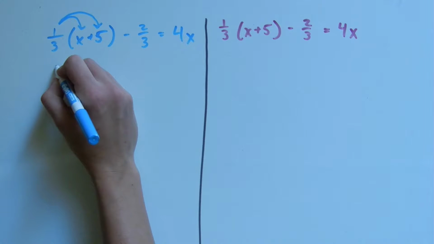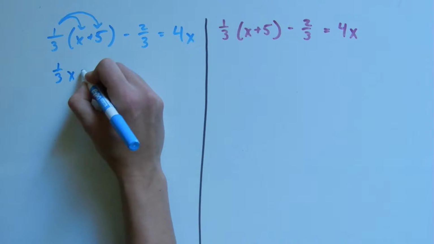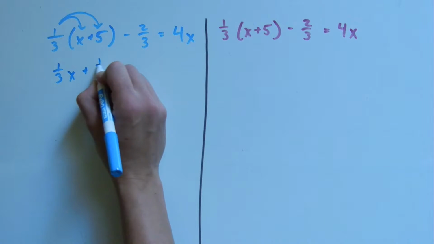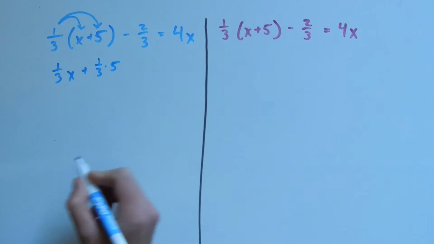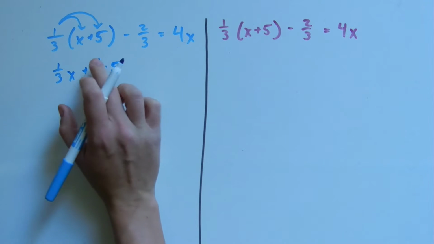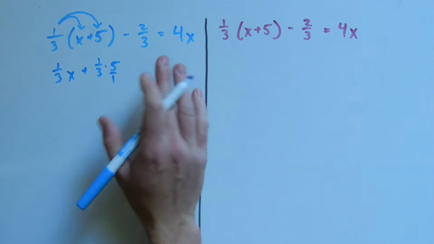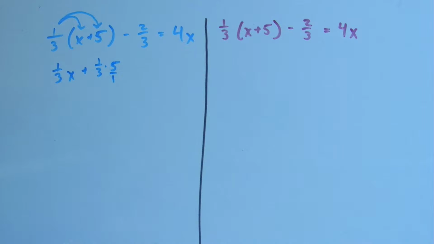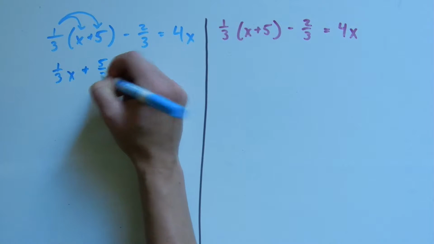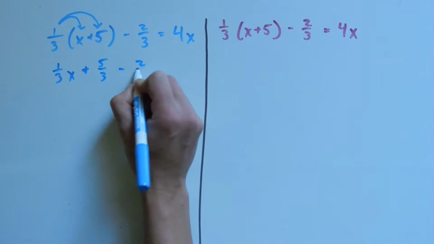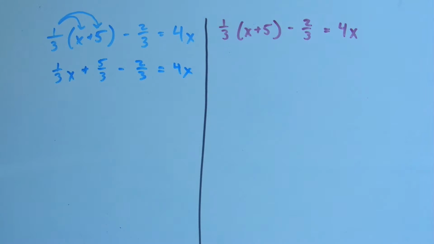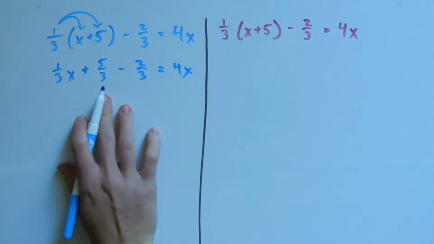So we're left with 1/3 x plus 1/3 times 5, which, remember this 5 is like 5 over 1, so 1 times 5 over 3 times 1. So 1/3 times 5 is just 5/3 minus 2/3 equals 4x.